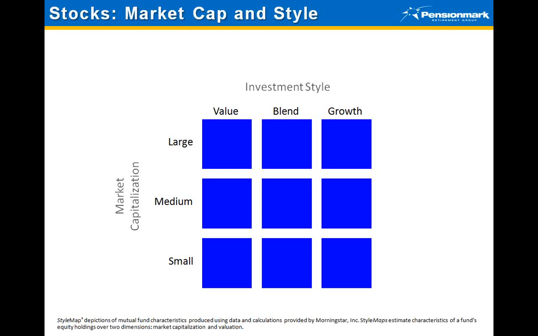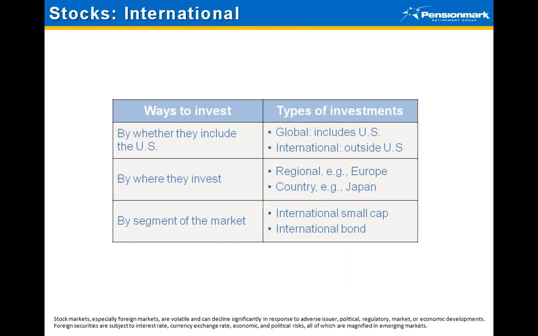Stocks, now to take it one step further with stocks, they can also be divided based on their geographic emphasis, where in the world they invest. So one more sub-asset class of stocks is where they invest.